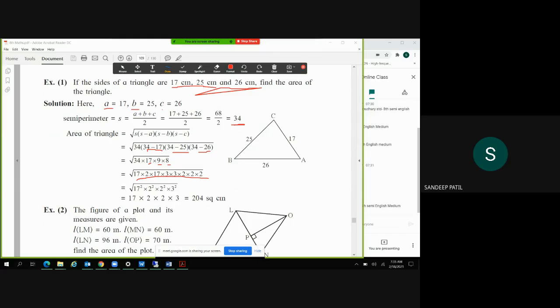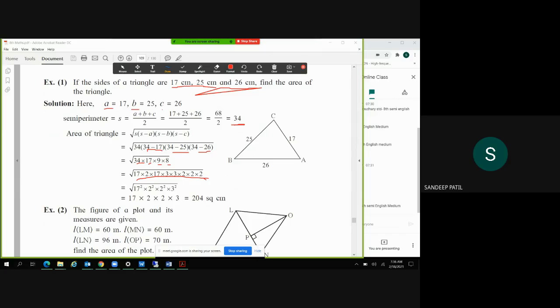So 17 into 2 into 9 into 8. Why do we do this? Because we want to carry out the square root. So we make factors of the numbers: 34 is nothing but 17 into 2, 9 we can make 3 into 3, and 8 is 2 into 2 into 2. Why is it helpful?